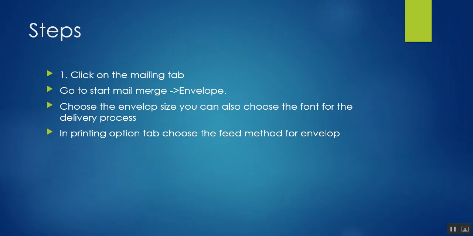Click on the mailing tab, go to start mail merge, go to envelopes, choose the envelope size. You can also choose the font for the delivery address. In the printing options tab, choose the feed method for the envelope. That's how easily you can create an envelope for your letter in Microsoft Word.